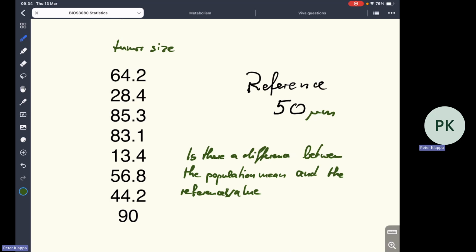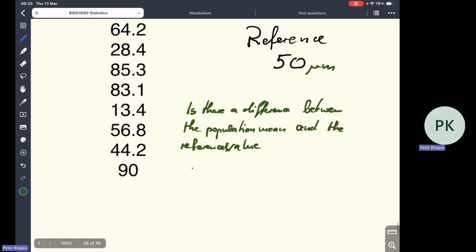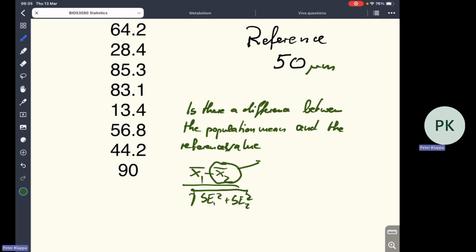The calculation is in principle exactly the same, only that instead of, when I said we have this x1, x2 over the square root of SE1 squared plus SE2 squared, this one here is now our reference value. And we don't have the standard error for the reference value.